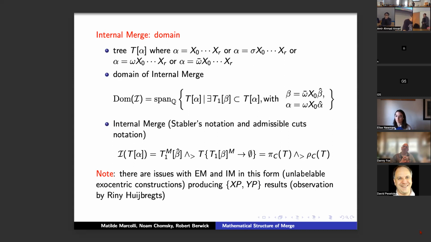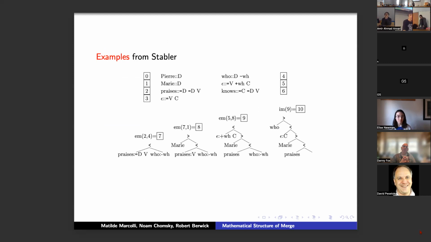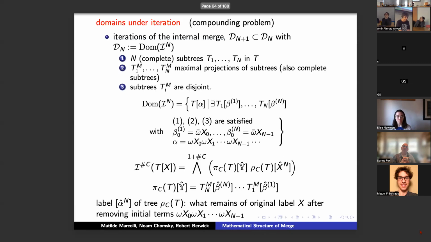But one of the effects, when you look at papers that use the formalism, as I said, I don't want to describe these things in detail because it's not my main focus. What I want to say is that this problem of checking features and checking domains matters, because you want to be able to iterate these merge operations, since in the course of the derivation you might have to do several of them.